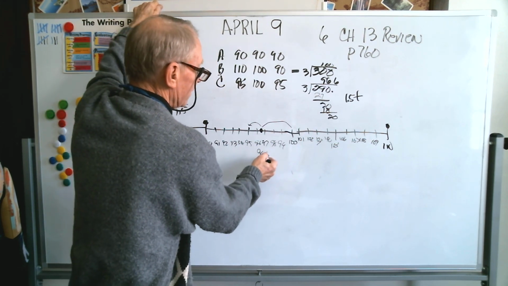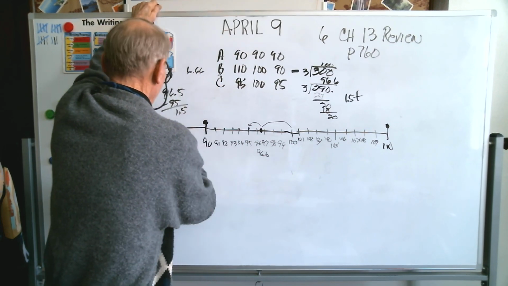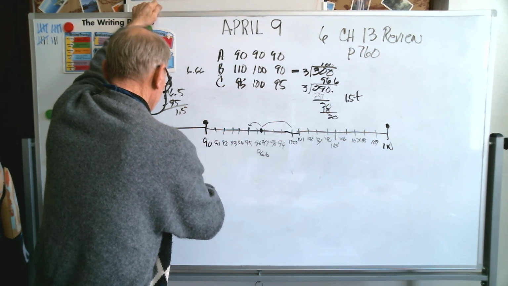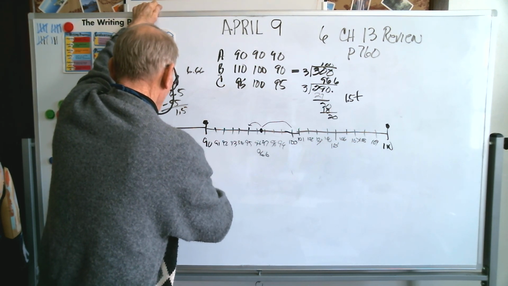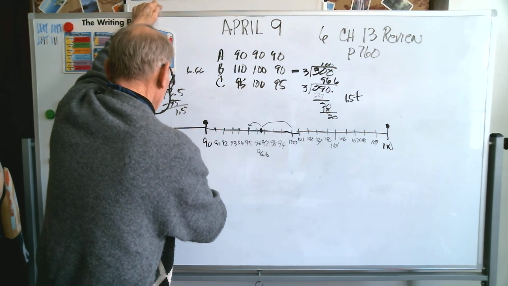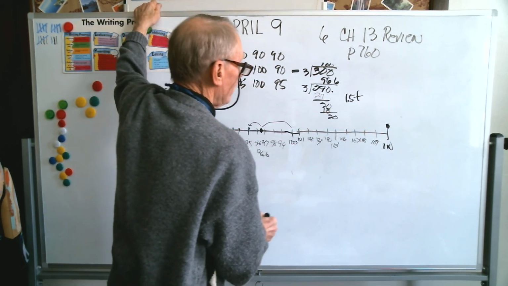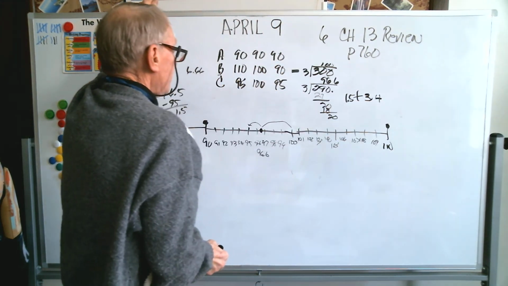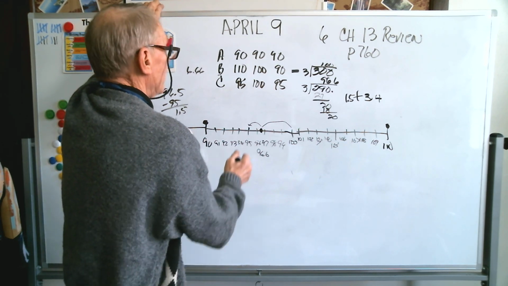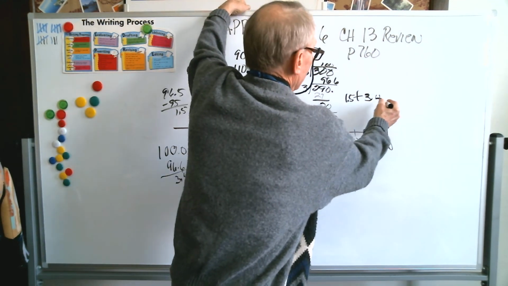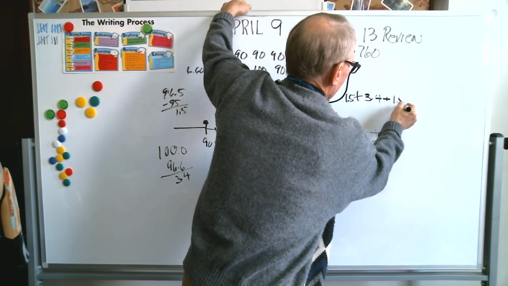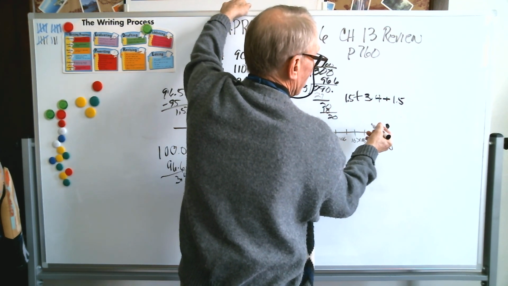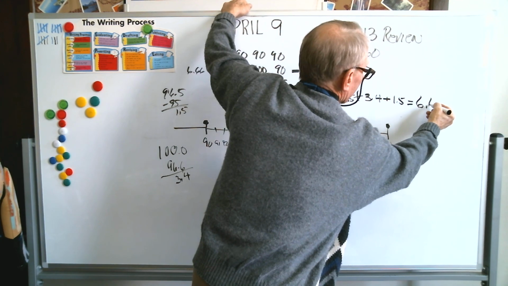So it's 96.6. Let's take 100 and subtract 96.6 from that. 6 from 10 is 4. 6 from 9 is 3. So that's 3.4. And then the next number again is 95, so we're going to add another 1.5. So altogether we've got 3 plus 3.4, this equals 6.4.